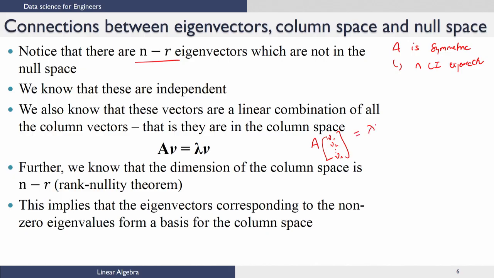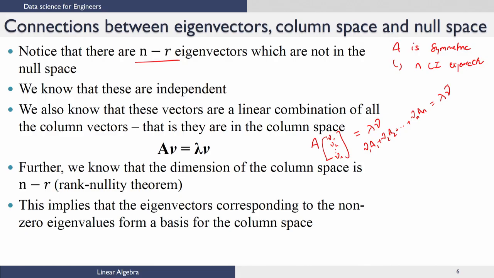I can write this as lambda nu, and from the previous lecture on how to interpret this column multiplication, you could think of this as nu 1 times the first column of A plus nu 2 times the second column of A, all the way up to nu n times the nth column of A, equal to lambda nu.